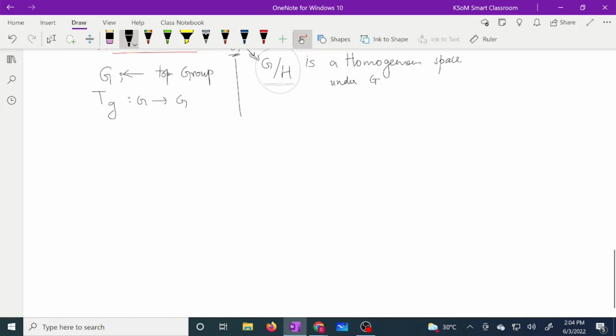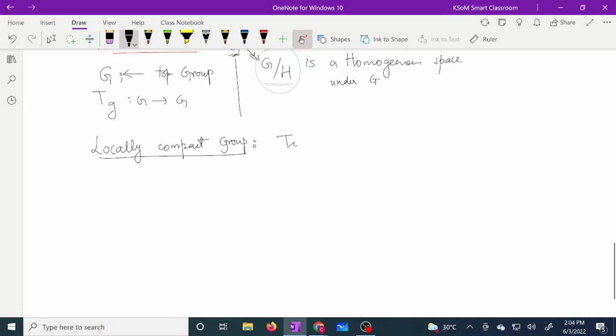We all know what a measure is, and before I go forward, I need to define what is a locally compact group. So from now onwards, all my topological groups are assumed to be Hausdorff, and we shall not consider any other case. So what is a locally compact group?